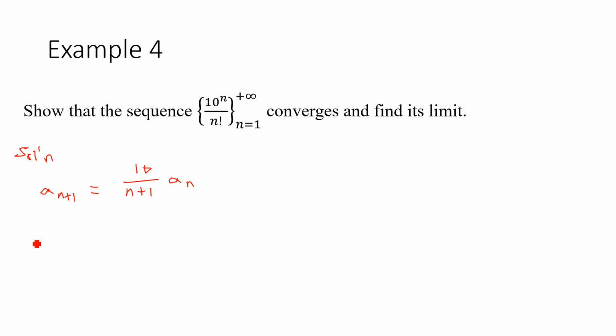For those who are asking, if we review, we have a sub n plus 1 over a sub n equal to 10 over n plus 1. Cross multiplication, then you could have this answer above. Here our a sub n equals 10 raised to n over n factorial.